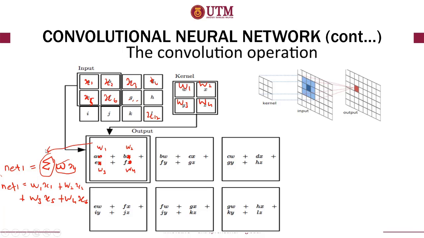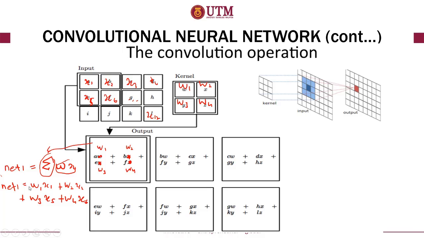In convolution, the summation process only covers a certain number of input values, x1, x2, x5, and x6 in this case. And even the w here is very small compared to the whole input.